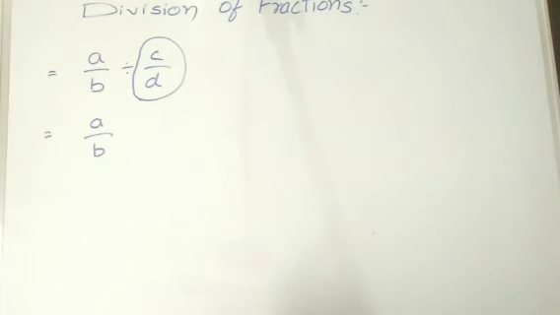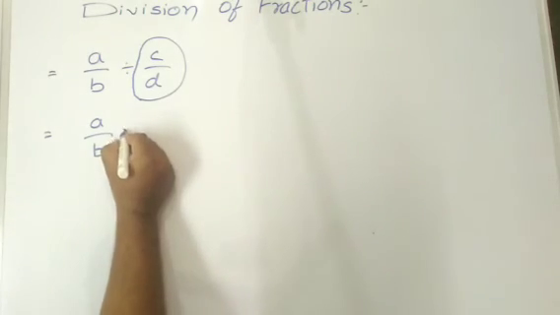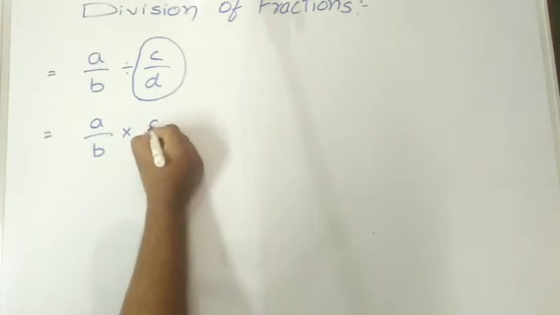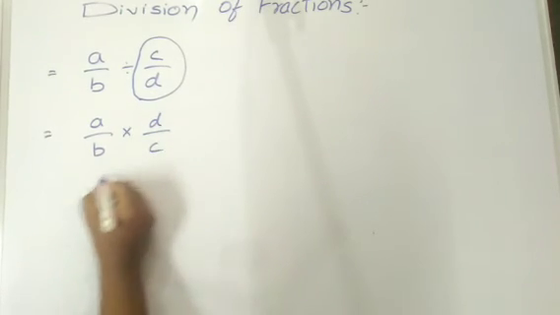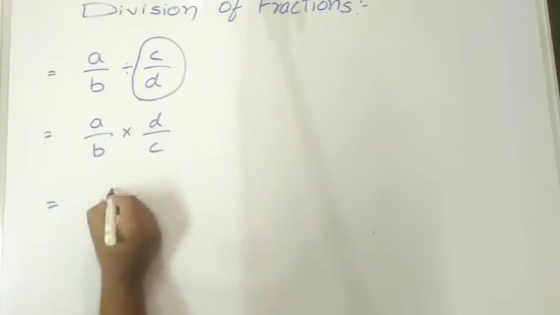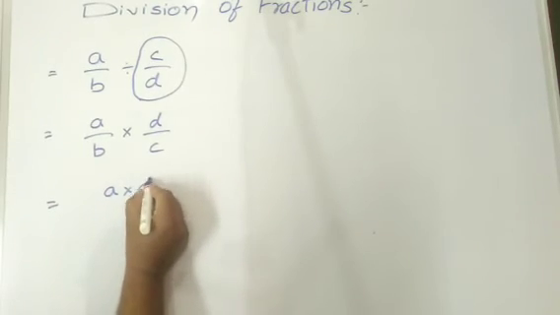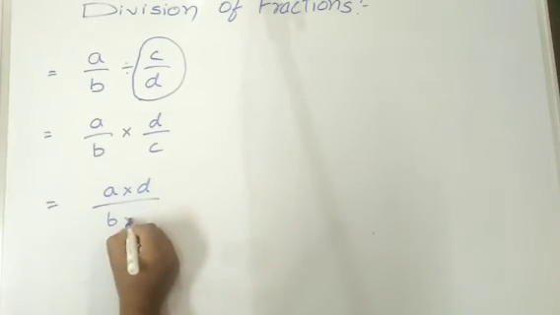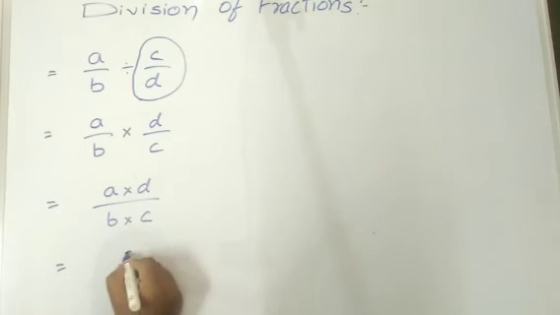What we want to write? We want to write the reciprocal of that one, because we are changing the division symbol. So here I am writing that into, this will become d by c. So now a into d by b into c. Now ad by bc.